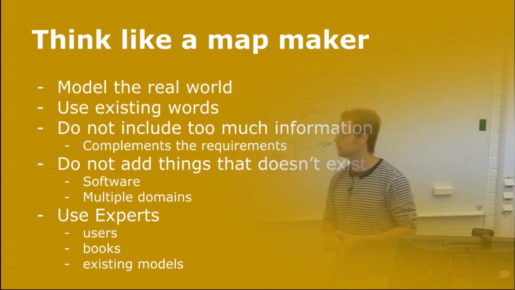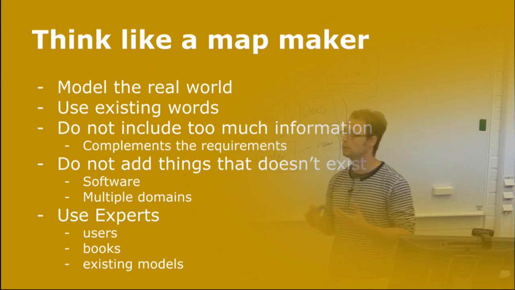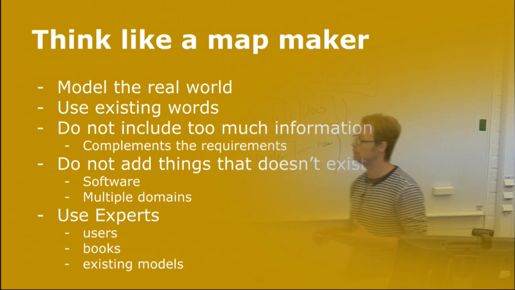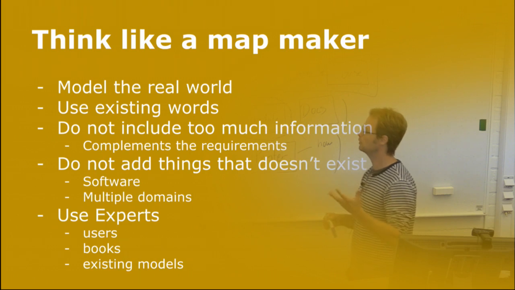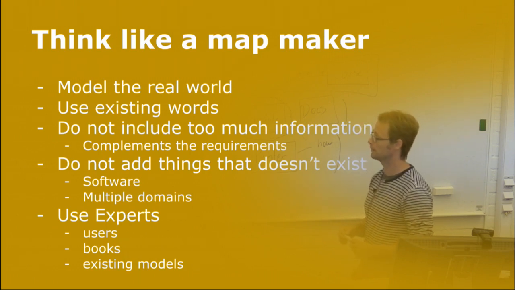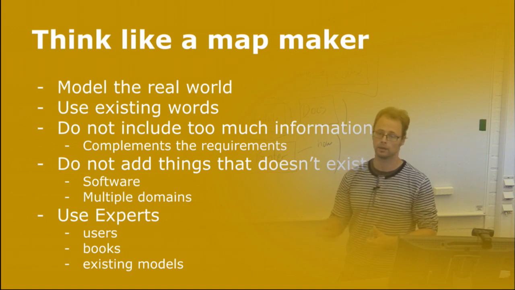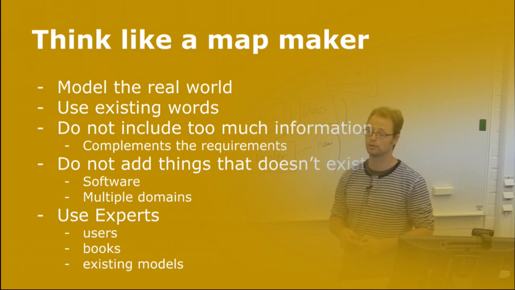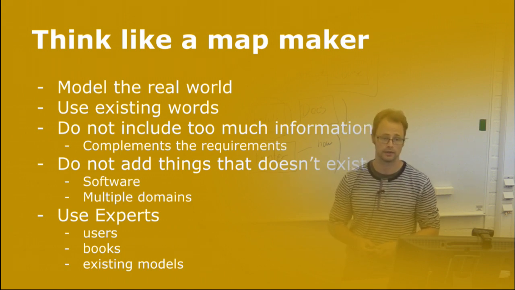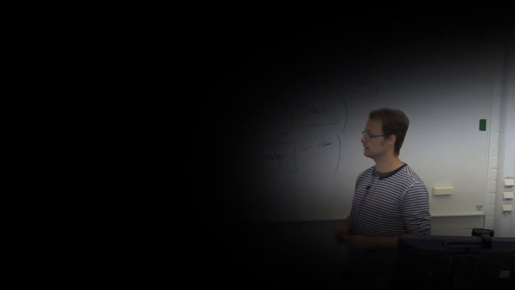Use any source of information about the problem area. There may be books. There may be other types of documents. There may be old manuals to old systems, for example. A good source of information. Maybe you can get your hands on support material. For example, what questions do users usually have, and stuff like that. And maybe there are existing models.